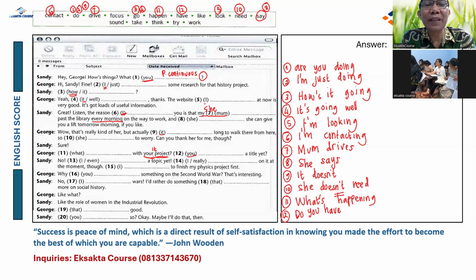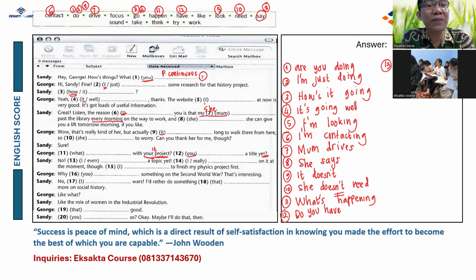But if she, it, the question uses does. So do you have, like that. Okay, it is number 12. Actually here there is yet, it is Indonesian, you know, masih, like that. So it is do you have.